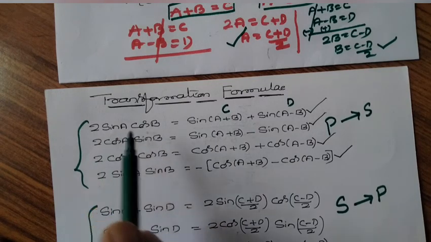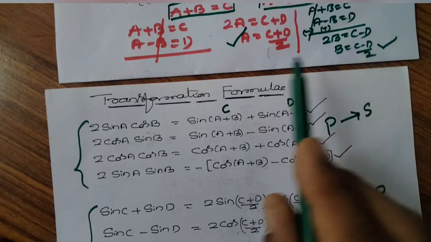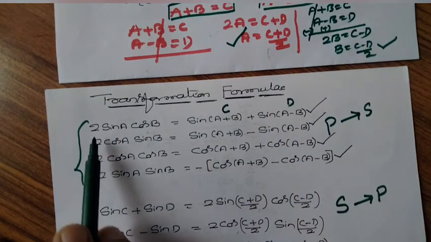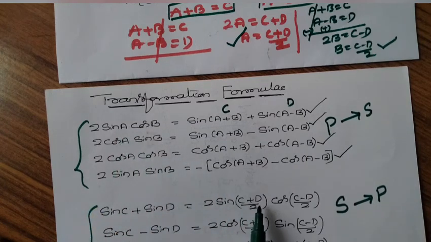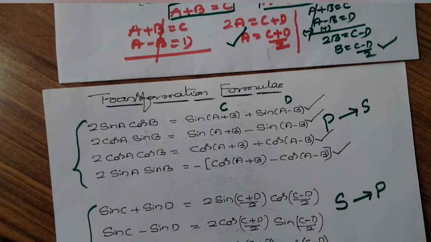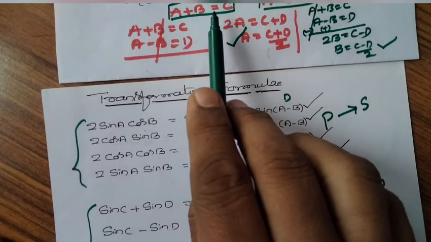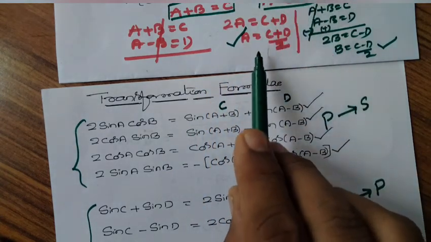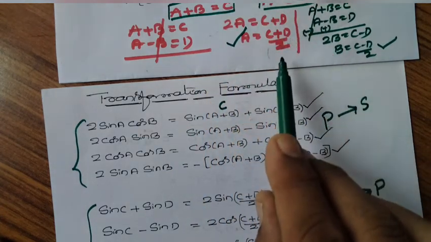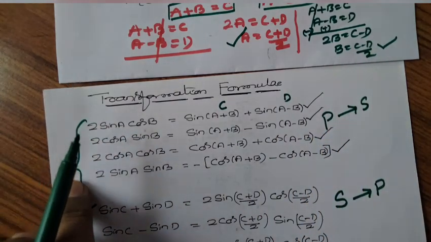In place of A, you write (C plus D) by 2 and B is equal to (C minus D) by 2. So here what we get is 2 into sin of (C plus D) by 2 into cos of (C minus D) by 2. Got it or not? So I am only replacing A plus B as C, A minus B as D, and A as (C plus D) by 2, B as (C minus D) by 2 in the first set.